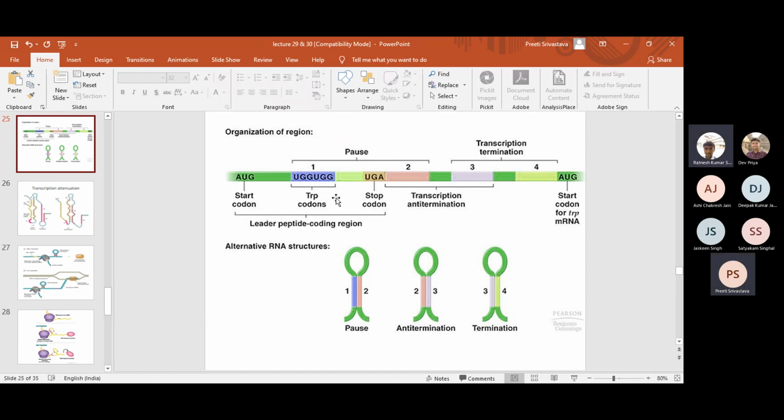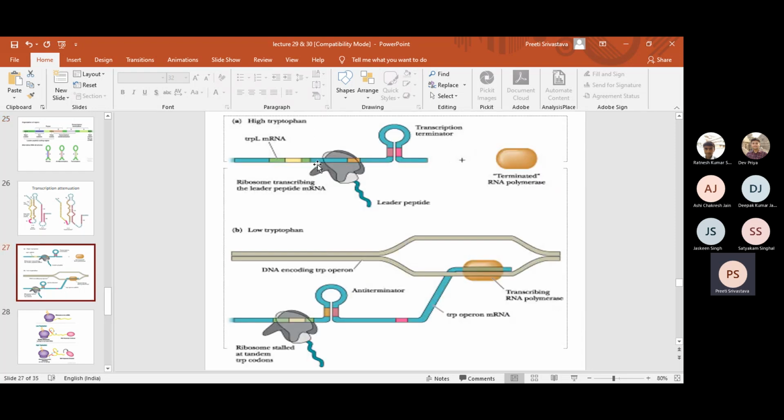So that means you have tryptophan containing tRNA available in plenty. Therefore this region 1 will be transcribed rapidly.